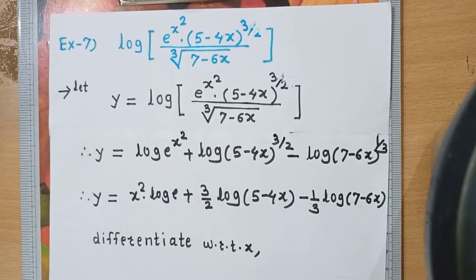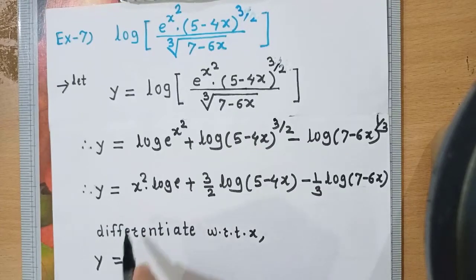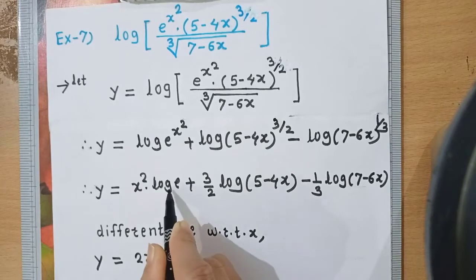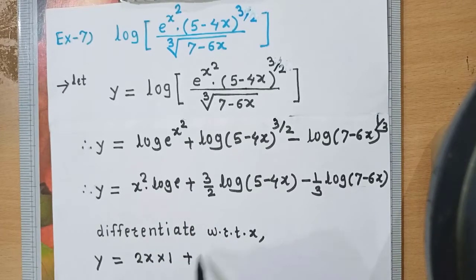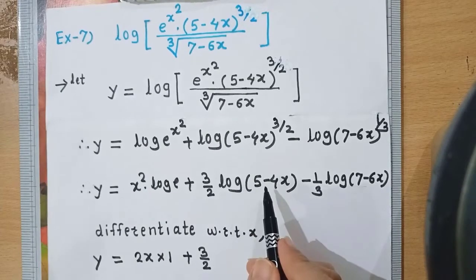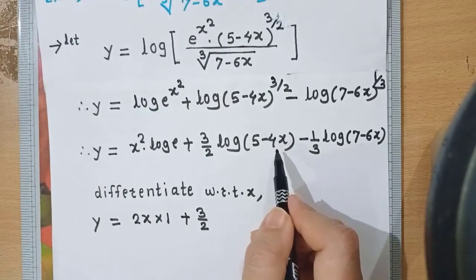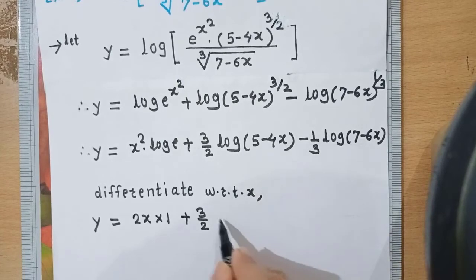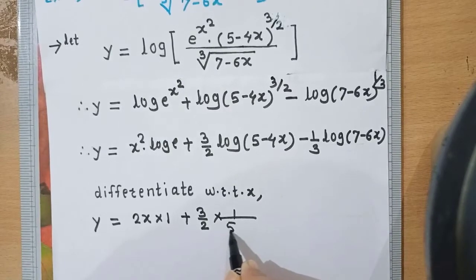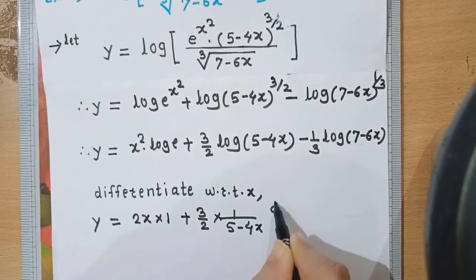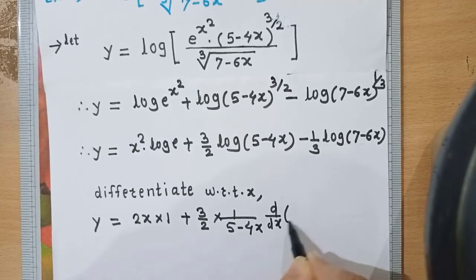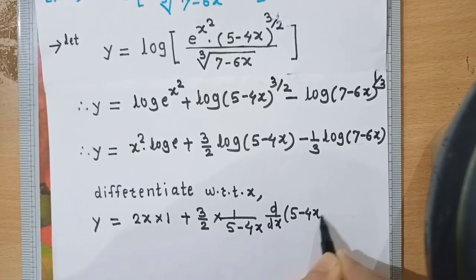We have y is equal to x square, derivative of x square is 2x, and log e means 1. Again this 3 by 2 is constant, and derivative of log of 5 minus 4x, we will use log fx formula. So 1 upon 5 minus 4x, and again derivative of 5 minus 4x, and minus 1 by 3.